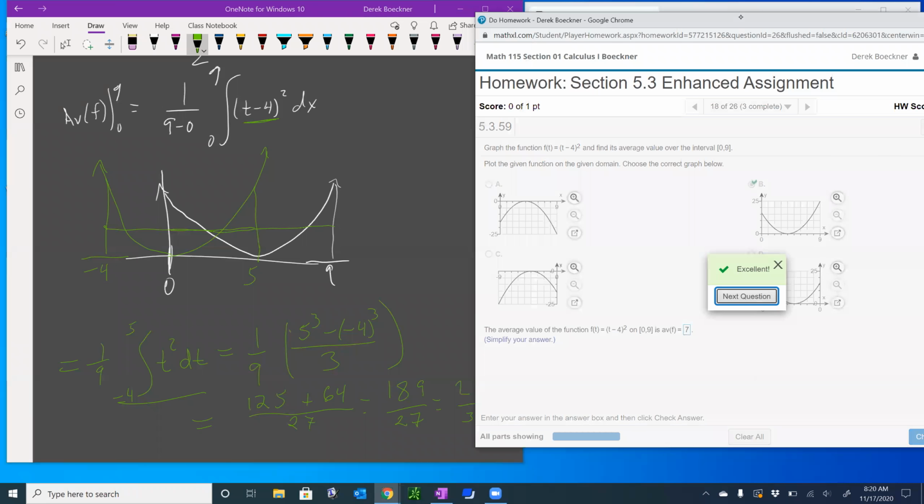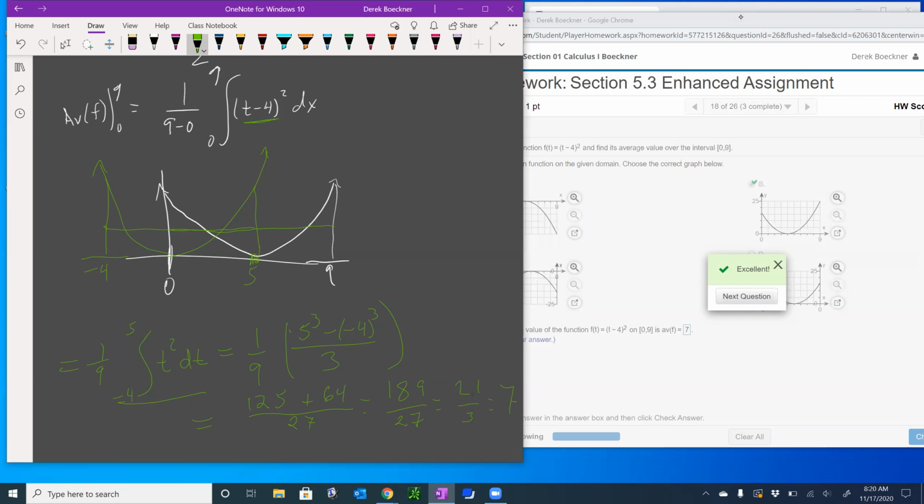How did you know to use -4 and 5? So when I talked about this shifting over, the vertex on the original graph was at 4. And I want to bring that back 4. So maybe I should regraph this.